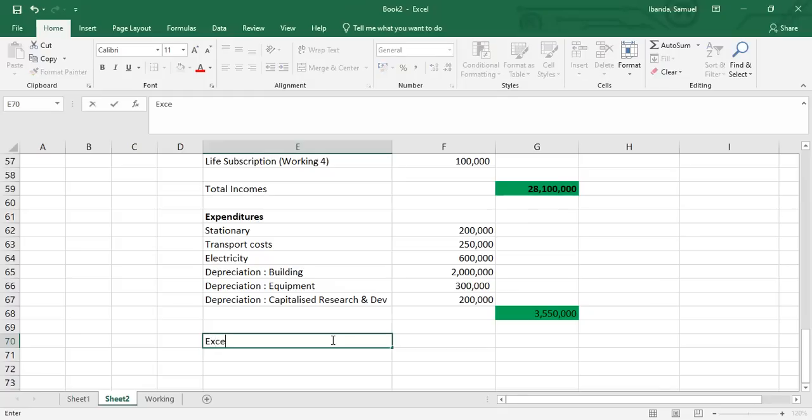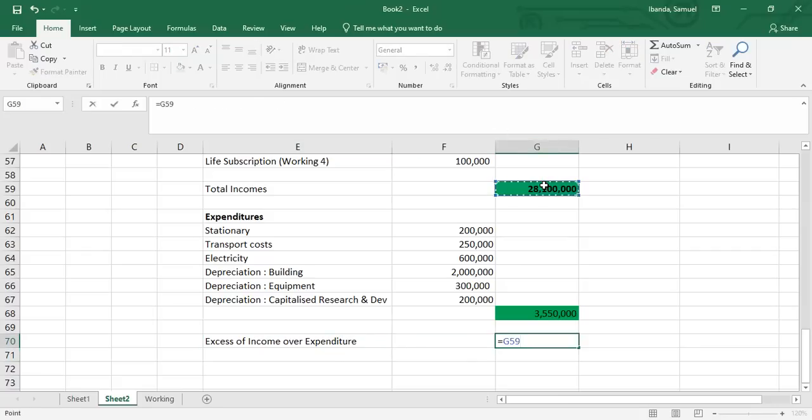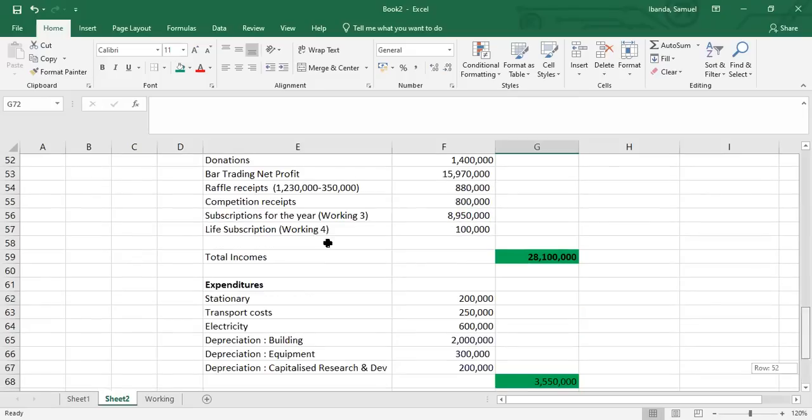Okay, so we have excess of income over expenditure, which is 28 minus that, which is 24 million. It can also be called surplus. Okay, somebody can call it surplus. Okay, yeah, so something like that. So that is what we would basically have.